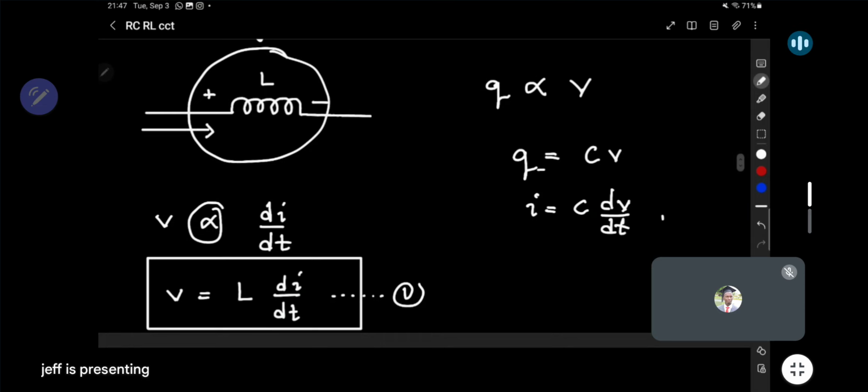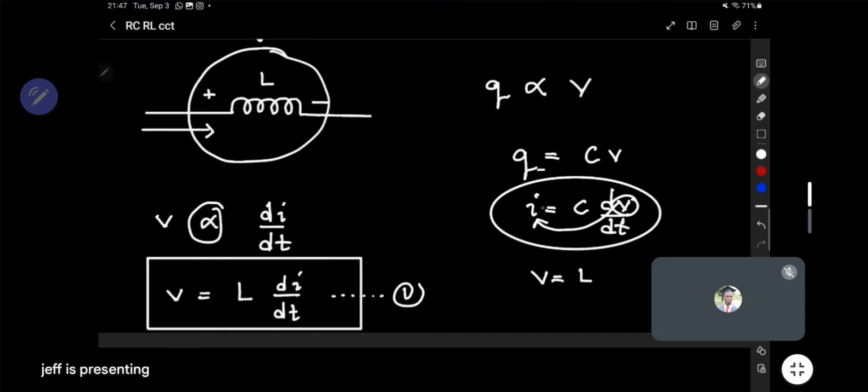But instead of this, for an inductor, we're now saying it is V. Instead of C, we're saying it is L. Instead of dV dt, they've swapped. V, which is here, is now this side. I, which is here, is now the one being differentiated, di dt. So I hope you're seeing this. By knowing one equation, you can easily remember the other.